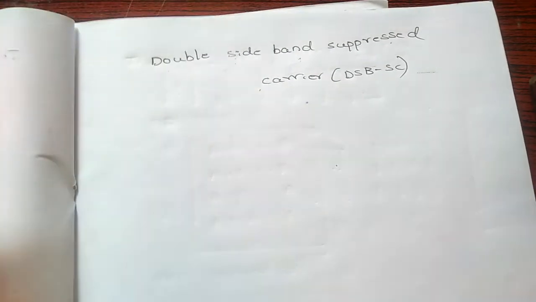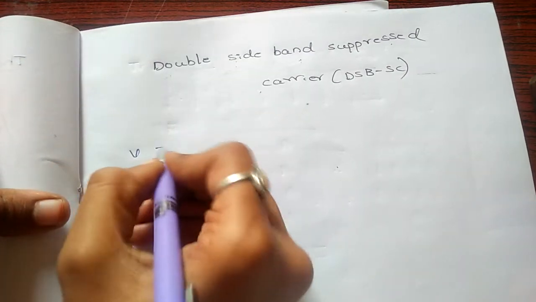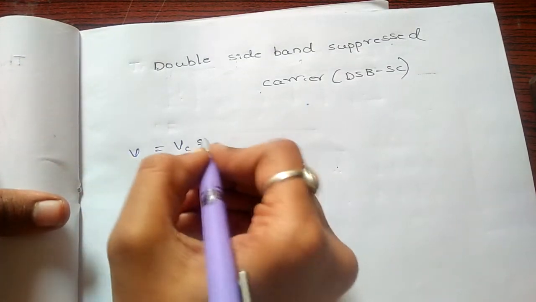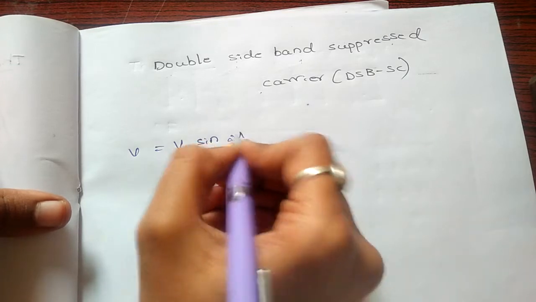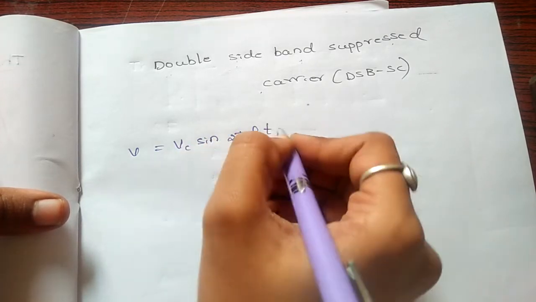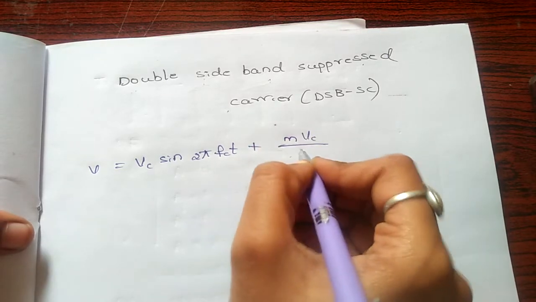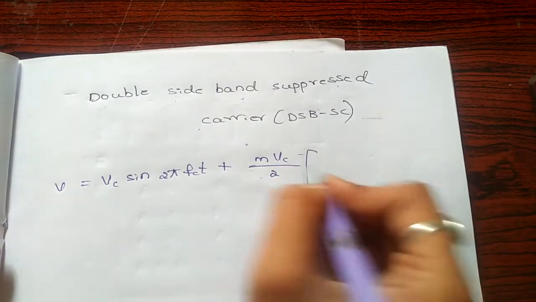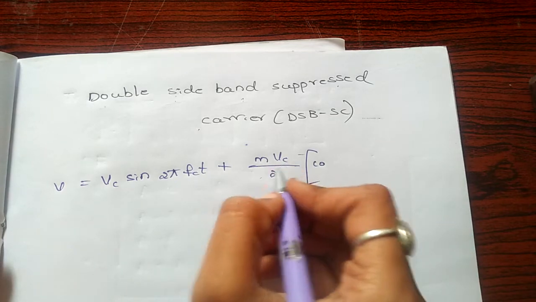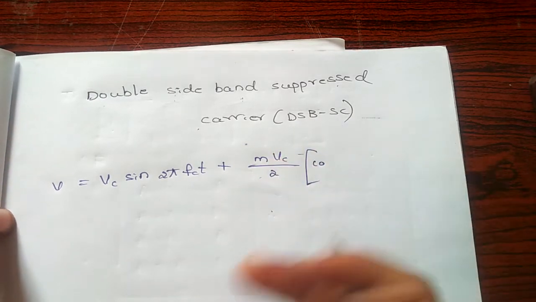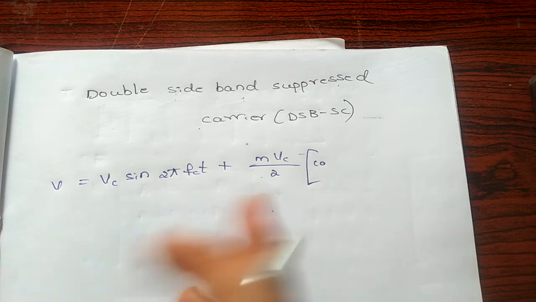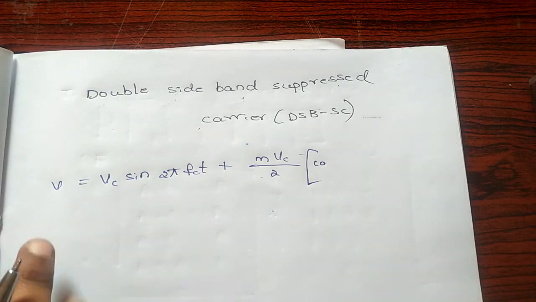That is V = Vc sin 2π fc t + (mVc/2) [cos 2π(fc − fm)t − cos 2π(fc + fm)t]. Just I am taking the mVc/2 common. In the previous classes, when we derived it, we didn't take the common mVc/2. That's it.